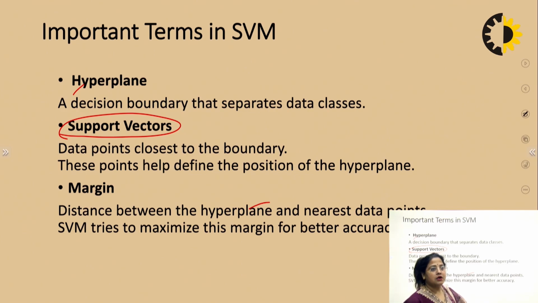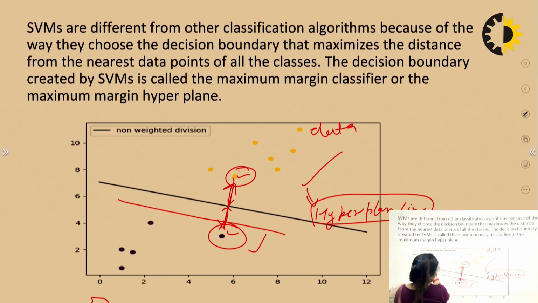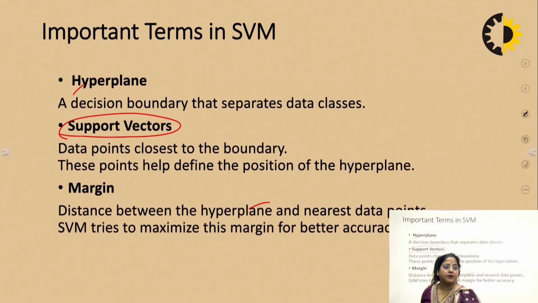Now comes the margin. What is the margin? The distance between the hyperplane and the nearest data point. Let's suppose we take the example: this portion is the margin. This is part of the margin plane. So these three terms are used in SVM: hyperplane, support vector, and margin. The hyperplane is simply the decision boundary that separates our data classes.